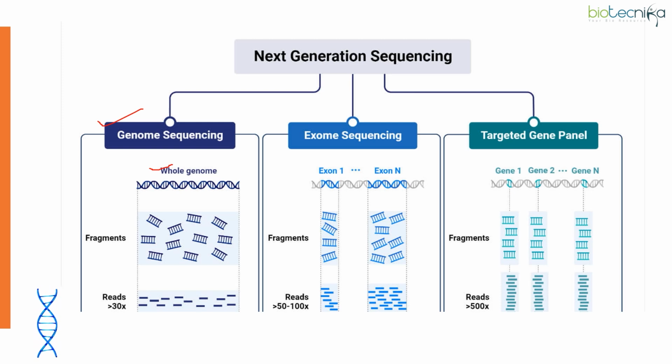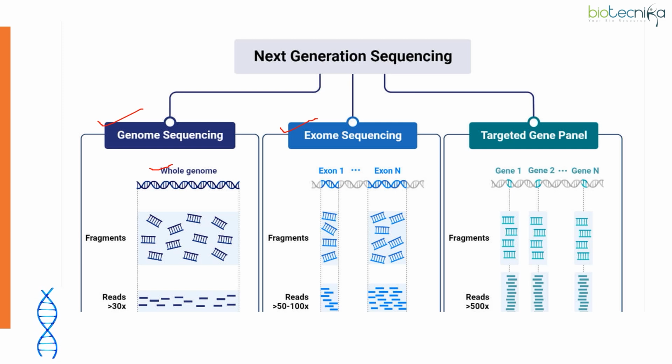Maybe thousands of reads or billions of reads at a time. Got it? The second approach is called exome sequencing. It looks at the exomes, fragments them, and then generates the reads. So that is one other approach.